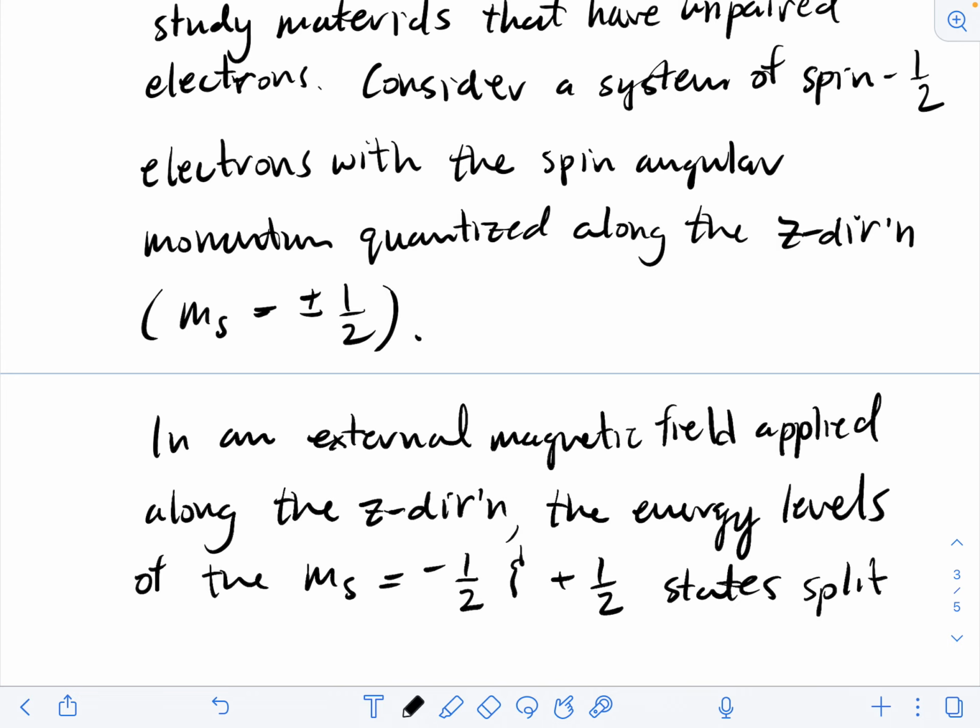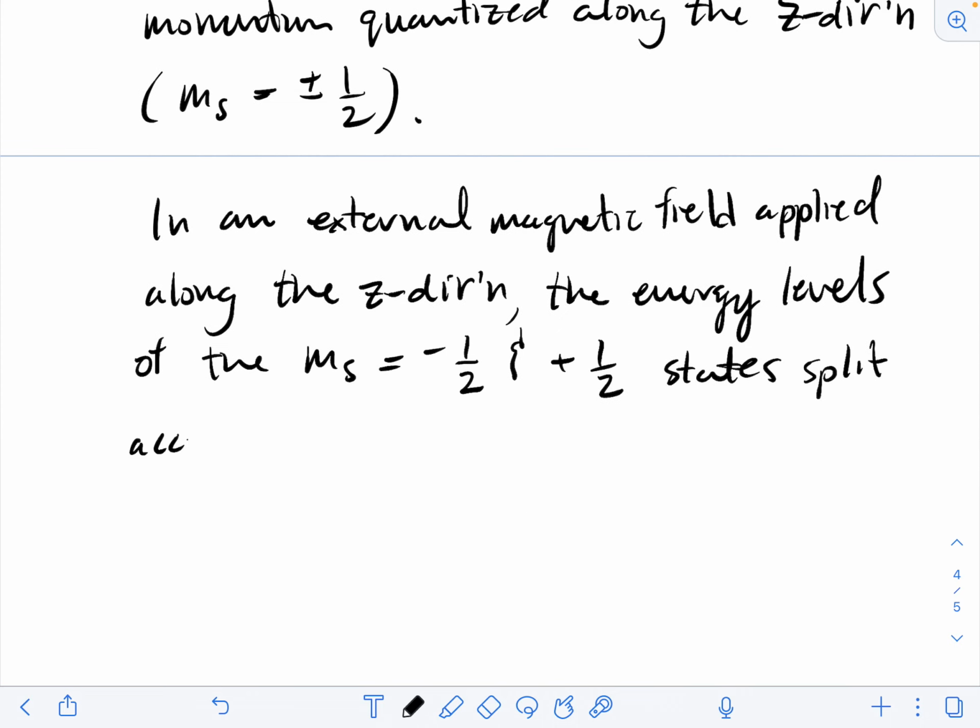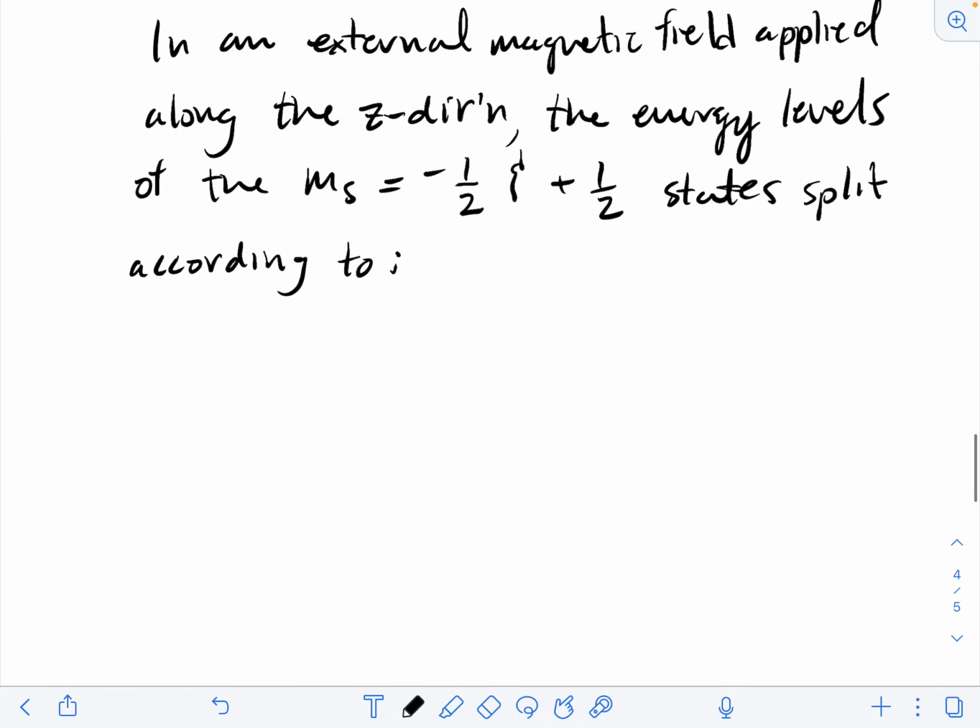And they split according to the following. One of these states, the plus 1/2 state, corresponds to the spin angular momentum aligned parallel to the magnetic field, and the spin minus 1/2 is anti-parallel to the magnetic field, and those two states have different energies. They're degenerate when the magnetic field is 0, but they're non-degenerate when the magnetic field is non-zero.